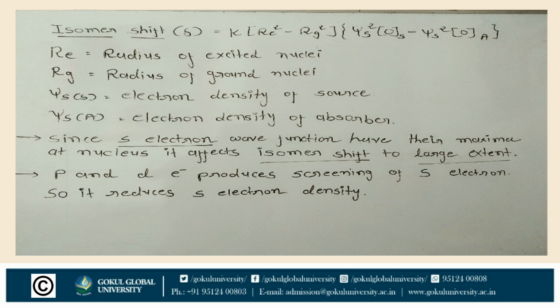When this shielding happens, the s electron density at the nucleus decreases. So if p and d electrons are present, they reduce the s electron density.